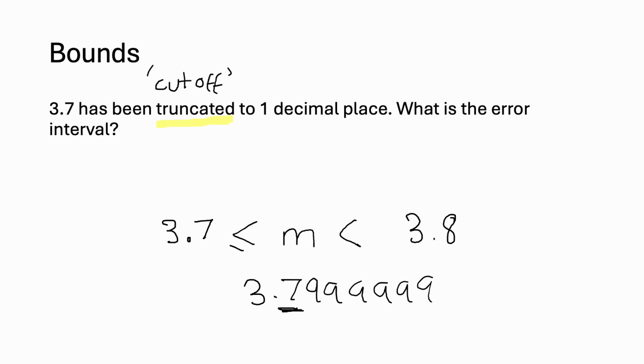It can be 9s, 6s, 3s, 2s. We essentially just cut it off. So 3.799999999 is going to be 3.7 when truncated to 1 decimal place. So that's why we say our interval has to be equal to or more than 3.7, but it cannot get to 3.8, because if we truncate 3.8 to 1 decimal place, we get 3.8, but we want to get 3.7.